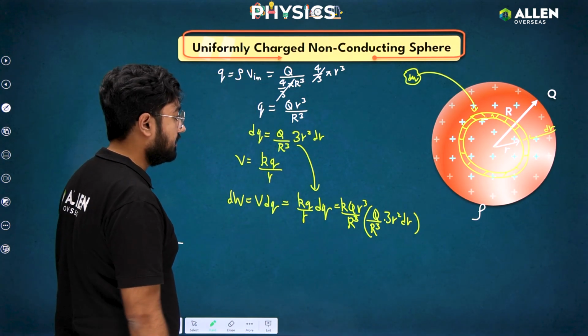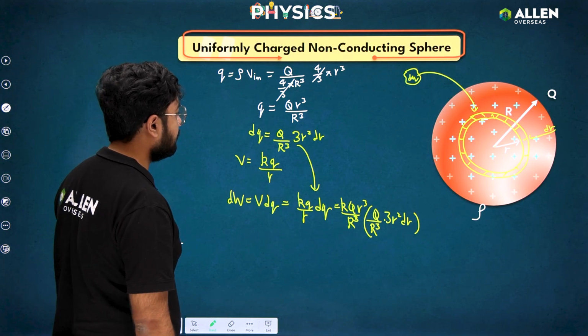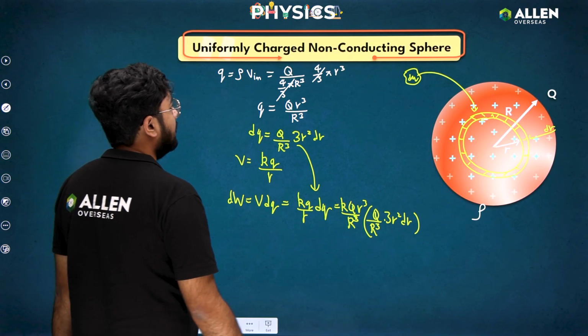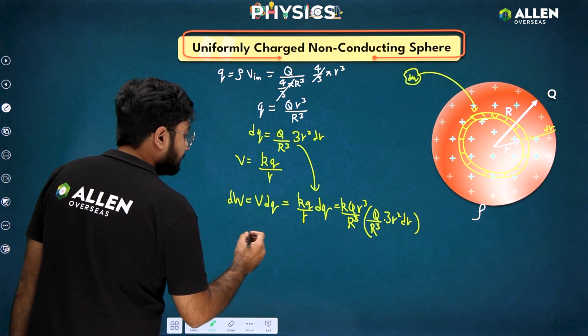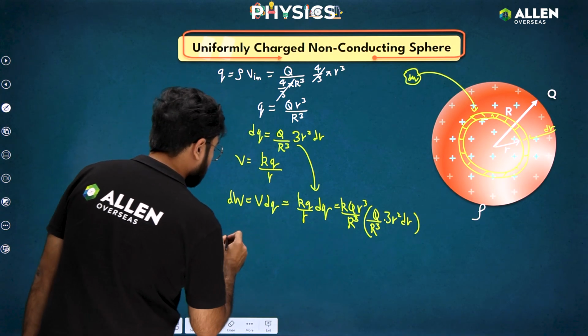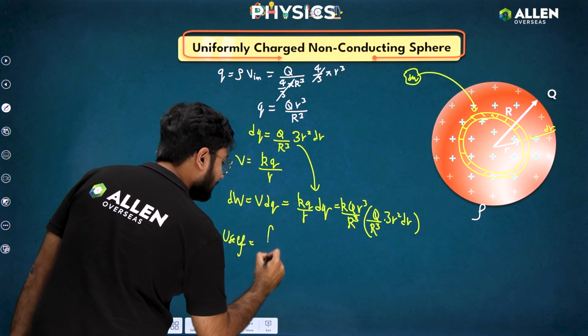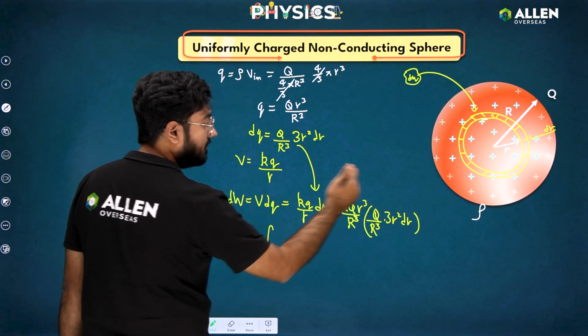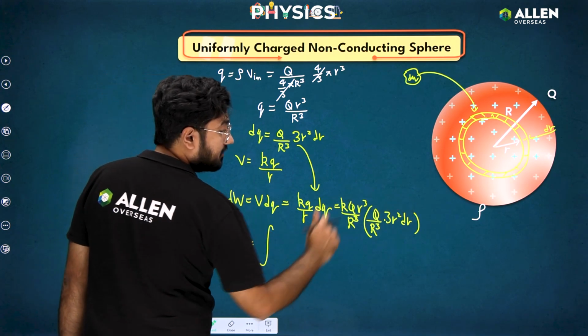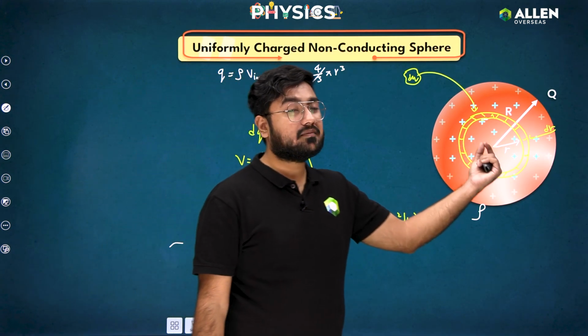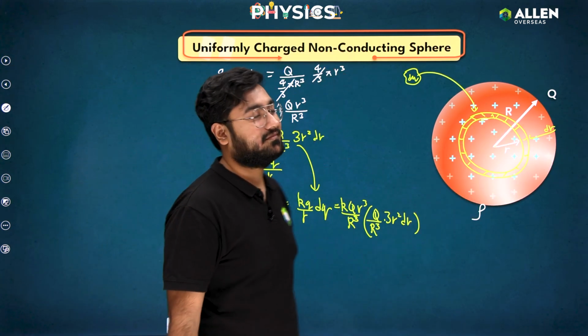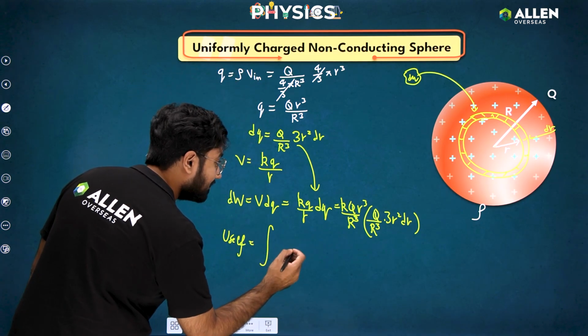Agree? Nice. Now what? U self will be equal to the integral of, now we have converted this integral into r, and r is going to vary from 0 to capital R. Very nice.